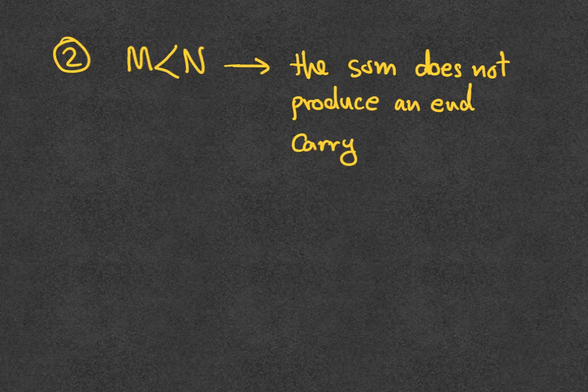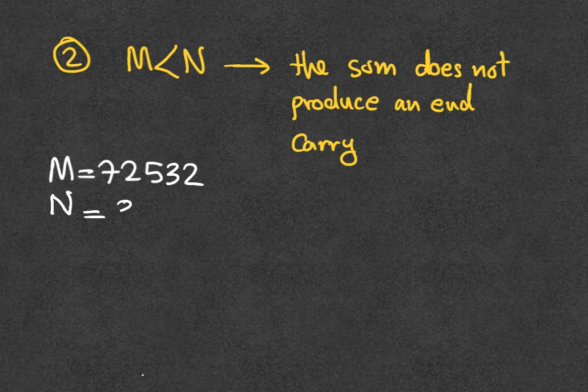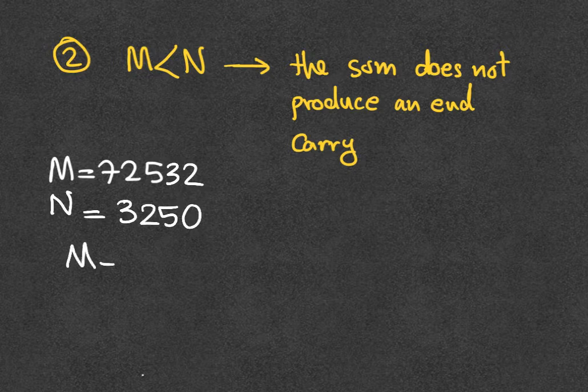Okay, so let's say you have m is 72,532. Your m is this one, and now we are talking about when m is smaller than n. So n is going to be, let's say, 3,250. We want to subtract n from m.